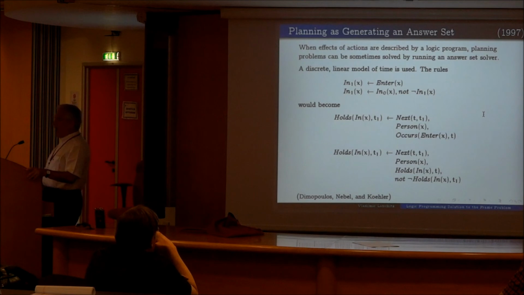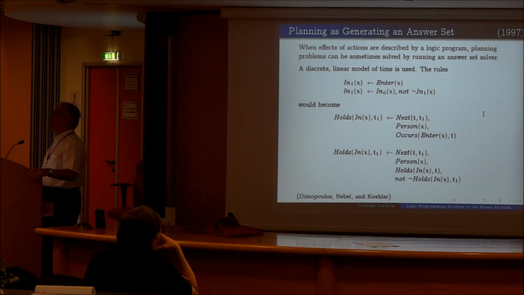So what we learned at that time is that you can take Reiter's default theory describing an action domain and formalize it slightly differently, because if you want to find a plan of length n, you have to use a slightly more complex model of time.